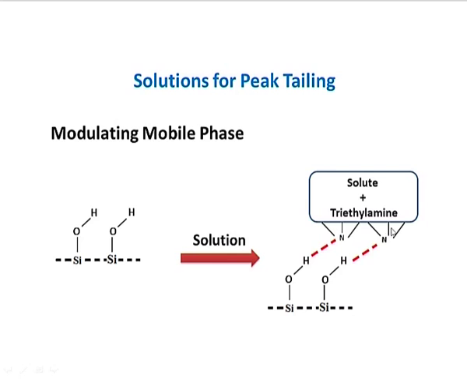So, these are the two ways of controlling tailing, and this is about the asymmetry in peaks. With this, I come down to the last topic of this discussion, which is peak capacity, denoted by Nc.